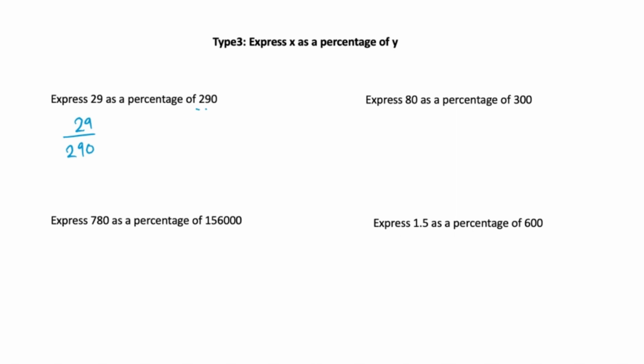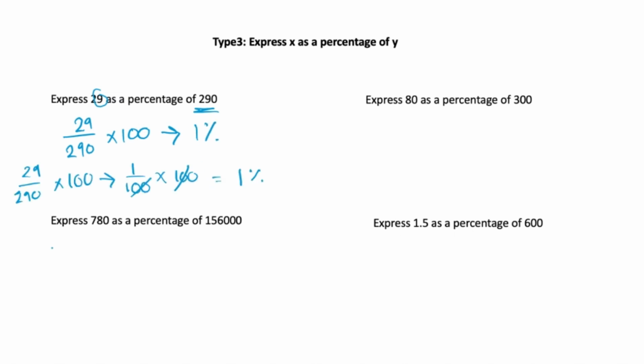In this case the total is 290, and the fraction you're trying to look for is 29. So 29 over 290, and then you times by 100 to get the percentage. 29 over 290 is 1 over 10, and 1 over 10 times 100 is 10.